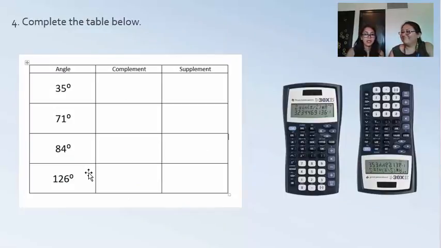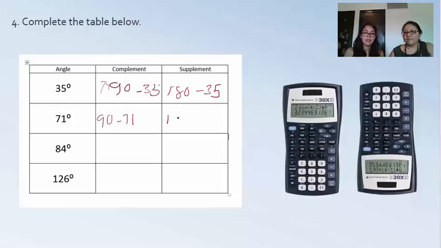Moving on. Okay, so we have extra practice here, but in a table format. You have the angle 35 degrees, and you're trying to find its complement. Like Yadira mentioned, the complement will be 90 minus 35. And then for the supplement, 180 minus 35. For 71, the complement will be, again, 90 minus 71.